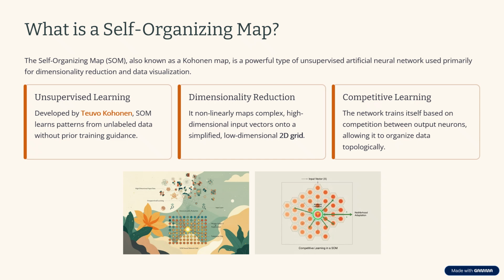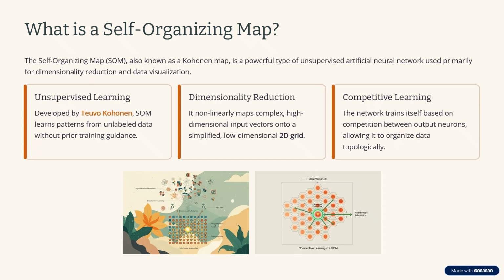Self-organizing map, also known as Kohonen map, was introduced by Teuvo Kohonen. It works on the principle of unsupervised learning, meaning it learns directly from unlabeled data without any prior training examples. SOM performs dimensionality reduction. It takes high-dimensional input vectors and projects them onto a two-dimensional grid, where each point represents a neuron.